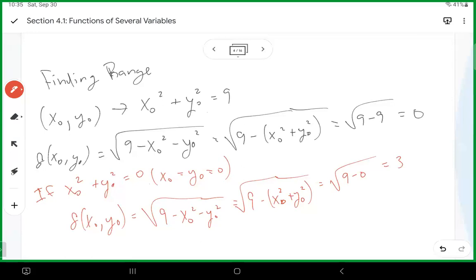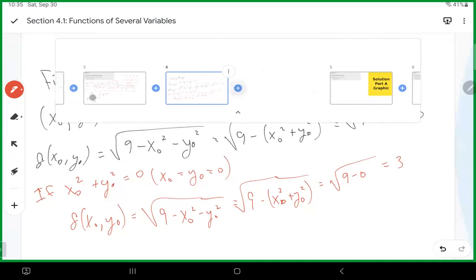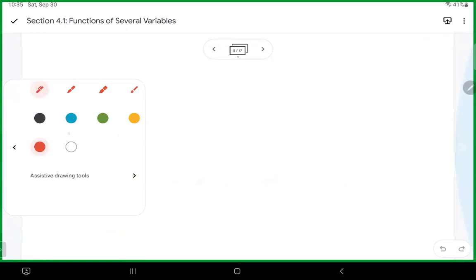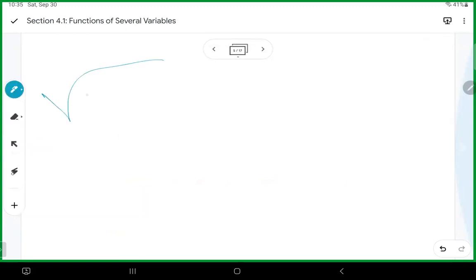So in other words, we're going to add another slide, and we're going to have 9 minus x squared minus y squared equal to c. Squaring both sides, 9 minus x squared minus y squared equal to c squared. That gets rid of your square root. So then we'll change some signs. x squared plus y squared equal to 9 minus c squared.